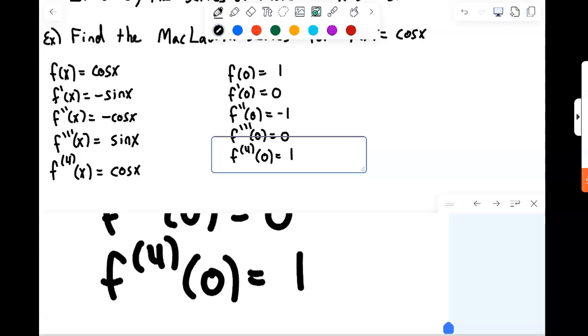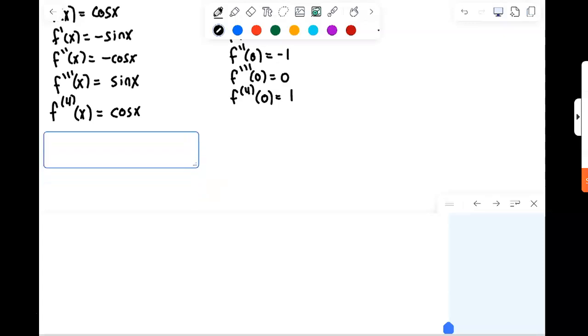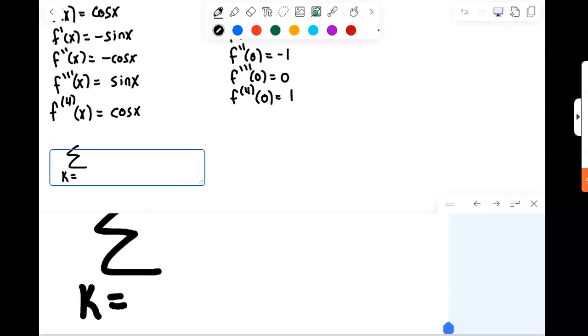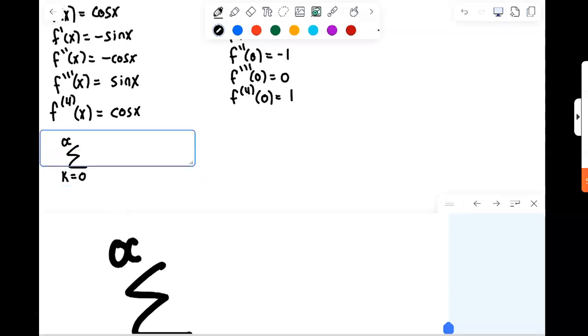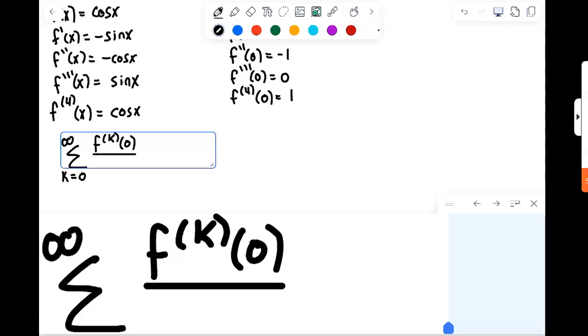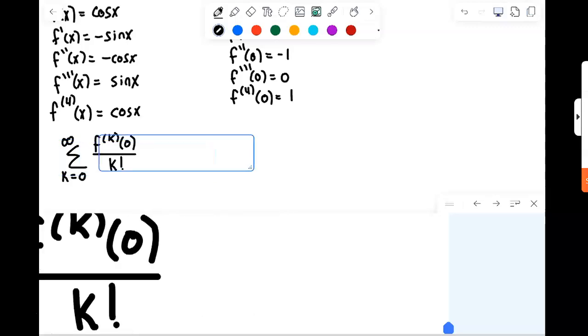Let's start to write out the first few terms of this cosine series and see if we can come up with a pattern. The series would be the sum as k goes from 0 to infinity of the kth derivative evaluated at 0, over k factorial, times x to the k.